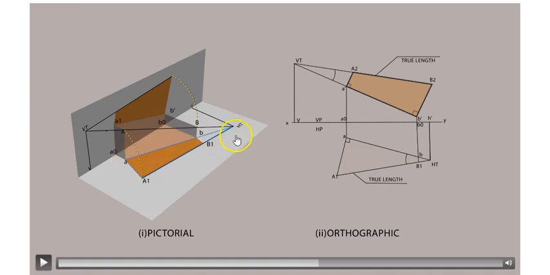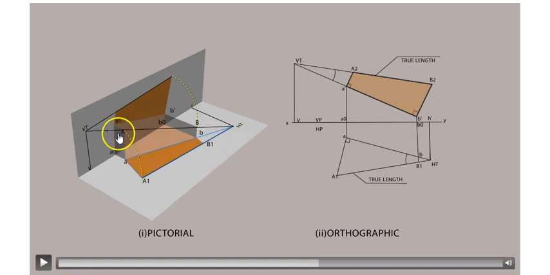What is A1 and B1? A1 and B1 are nothing but the line we get when we rotate this particular plane containing A, B and small a, b towards the horizontal plane. That particular plane we mark separately by capital A1 and B1 and small a, b. So A1B1 is nothing but AB, which is rotated and made parallel to the horizontal plane.